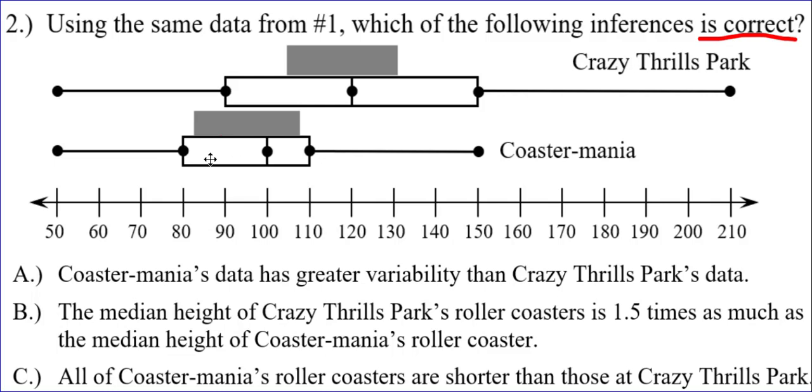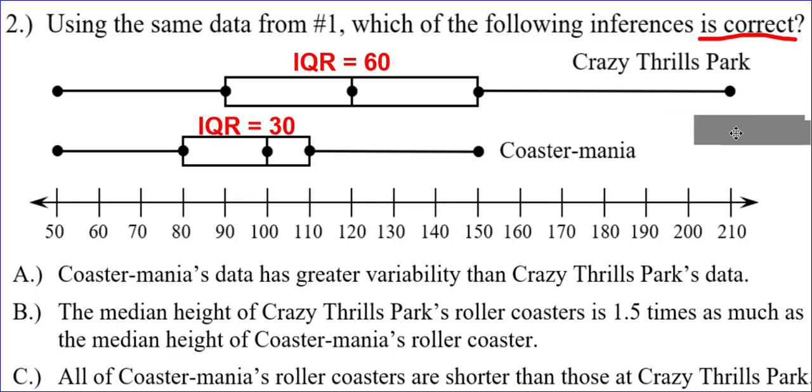The width of Coaster Mania's box is from 80 to 110. That's an inner quartile range of 30. But Crazy Thrills Park goes from 90 to 150 for the width of the box. 150 minus 90, that would be 60. So that's an inner quartile range of 60. Crazy Thrills has a greater variability than Coaster Mania.